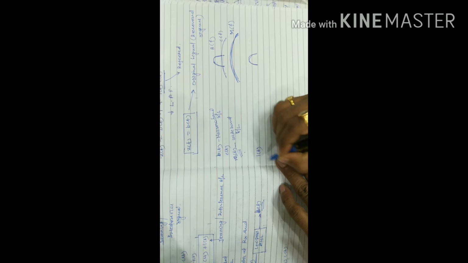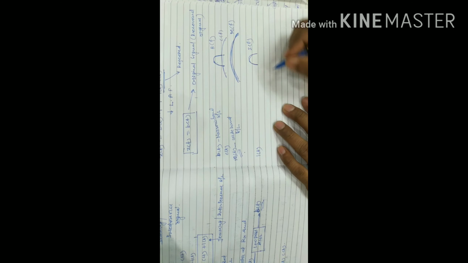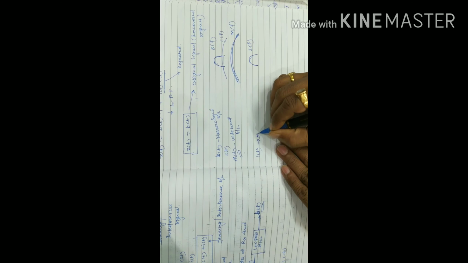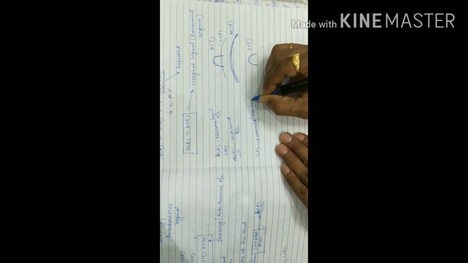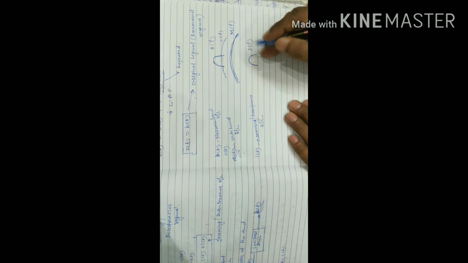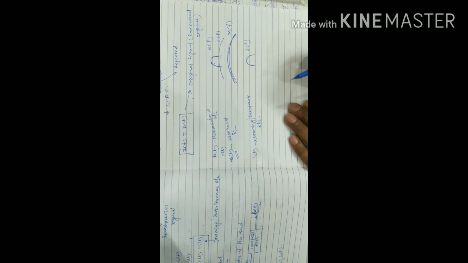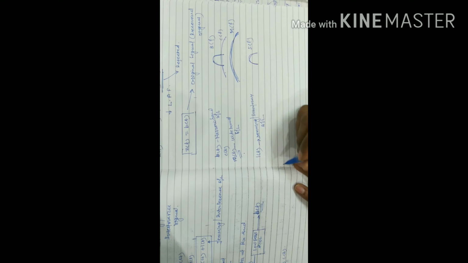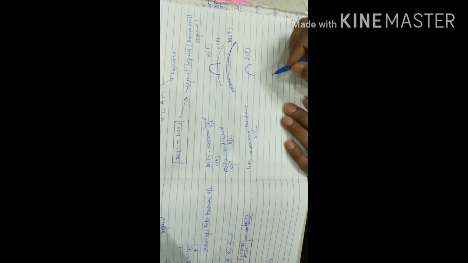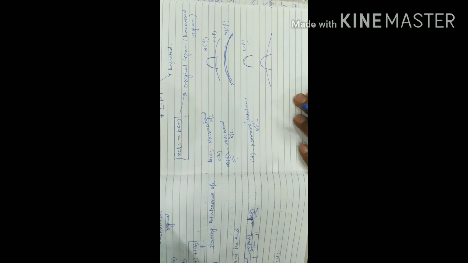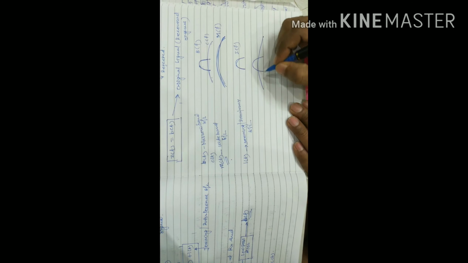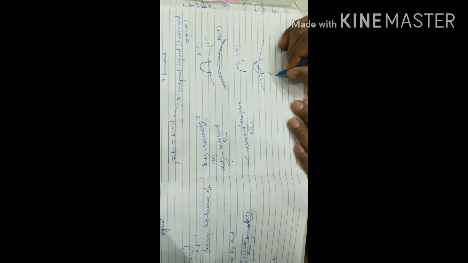This is I of t, that is I of f, the spectrum of the jamming or interference signal. It gets added with this m of t, and therefore the signal available at the receiving end will look like this, not exactly like this, but basically like this.